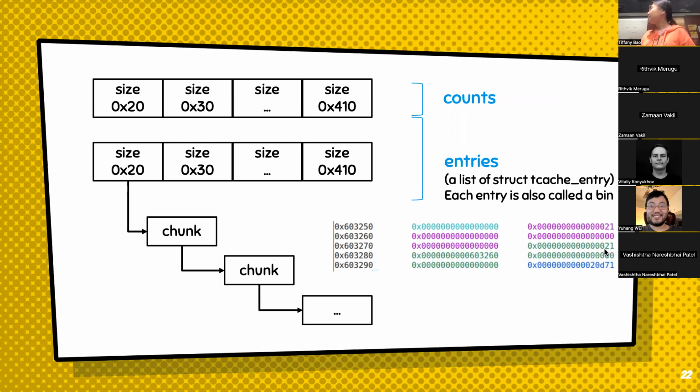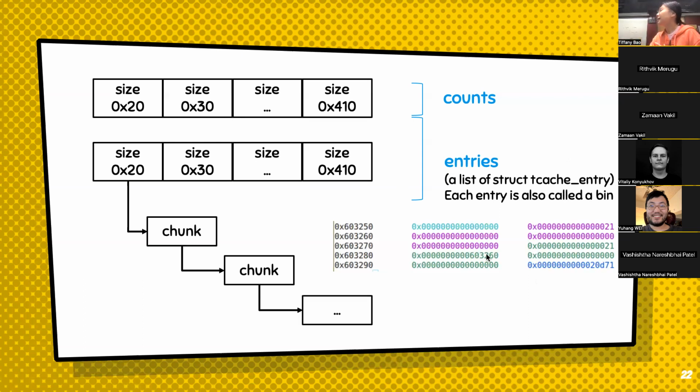See here, you see 21. Although it says 21, it doesn't mean the chunk is 21 bytes. It means that this chunk is 20 bytes and the 1 is a flag, meaning this chunk is now free, ready to be reused or recycled. So far, so good? Okay, cool. I'm going to continue.